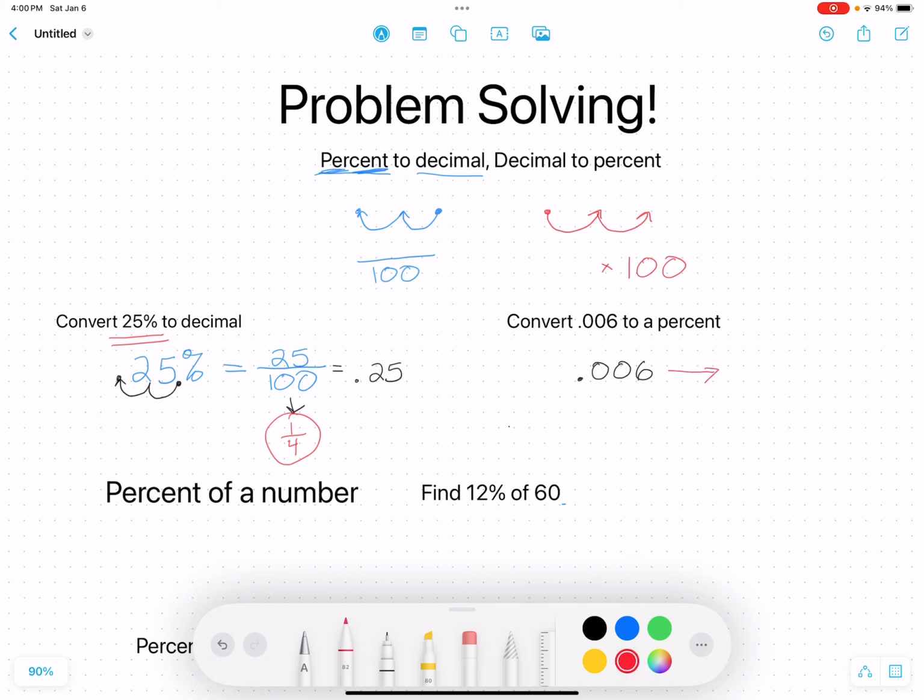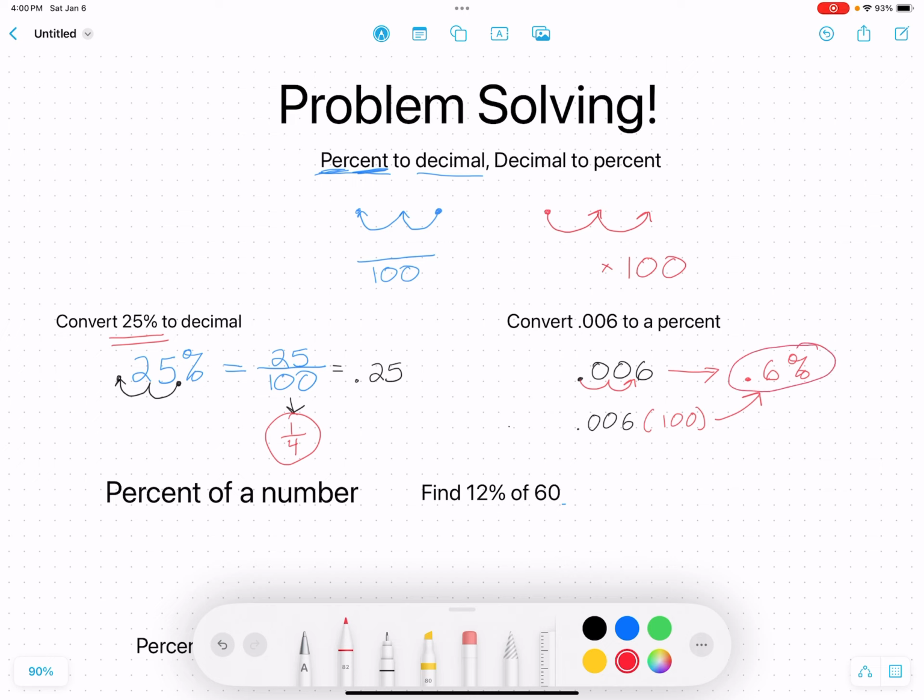I can either take the decimal and move it 2 places to the right, which would be 0.6%, or I could take that number, 0.006, and I could multiply that by 100. Guess what? I would get the same thing, 0.6%.